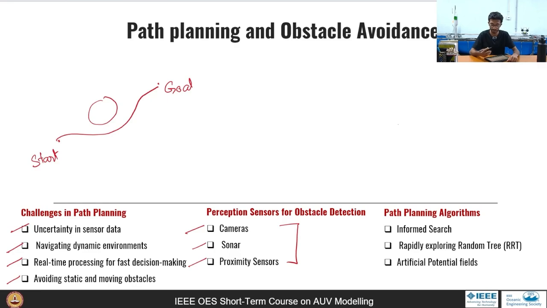There are three key types of algorithms that we can think of when it comes to path planning. We can consider informed search algorithms, which essentially aim to identify an optimal path from a start location to a goal location.